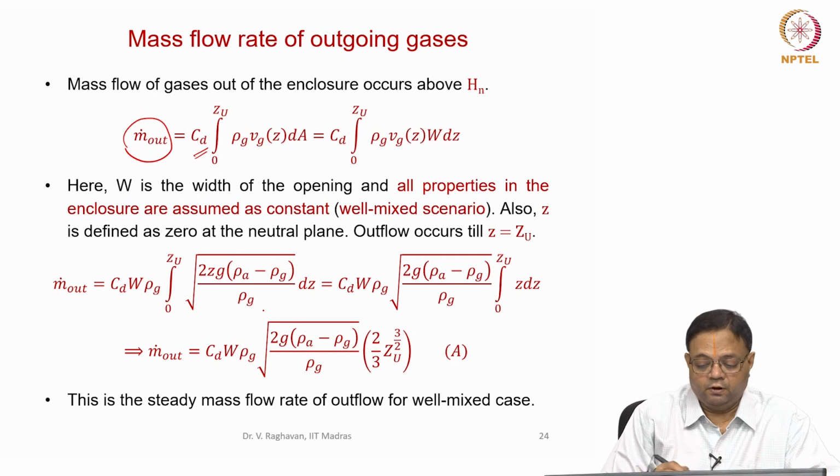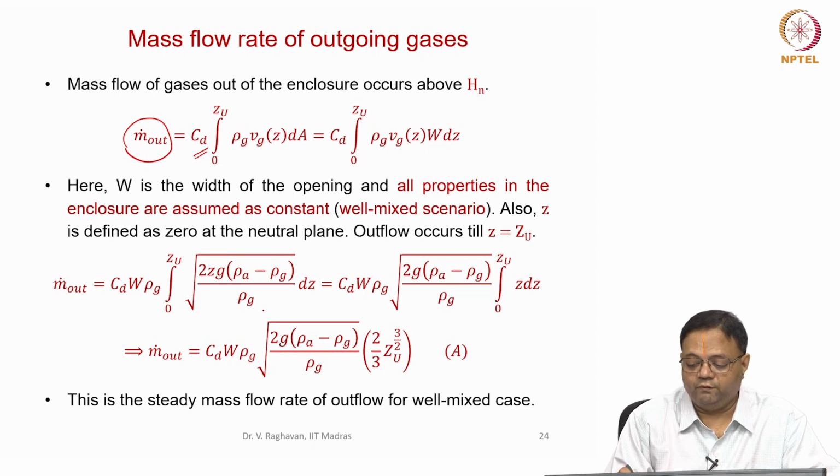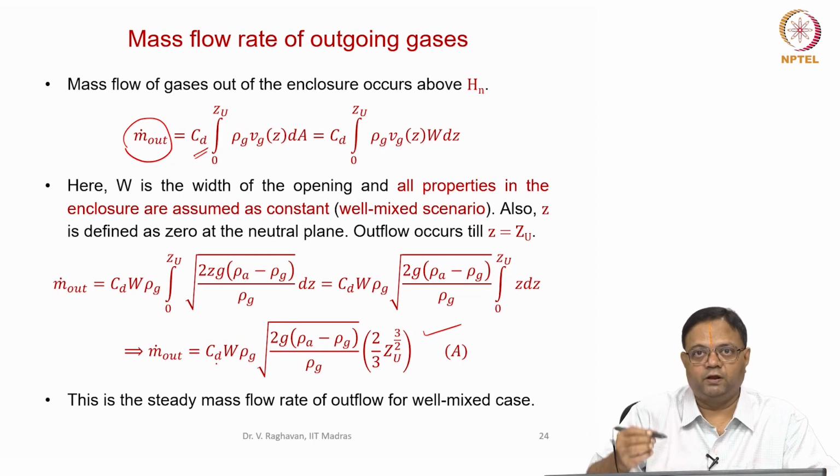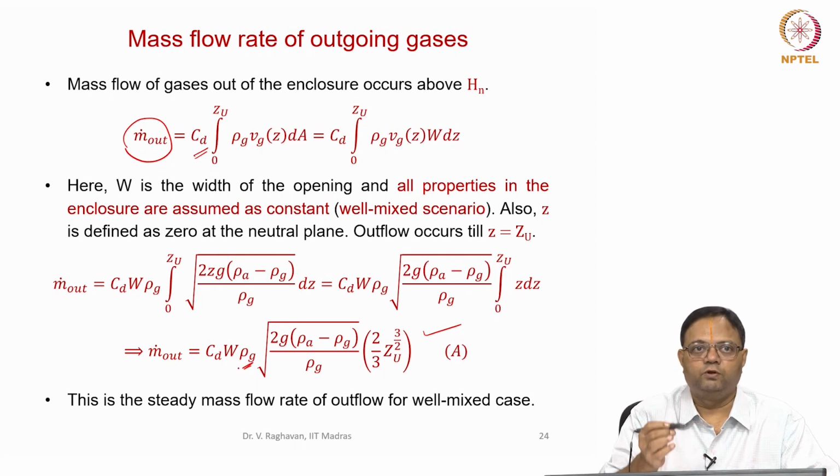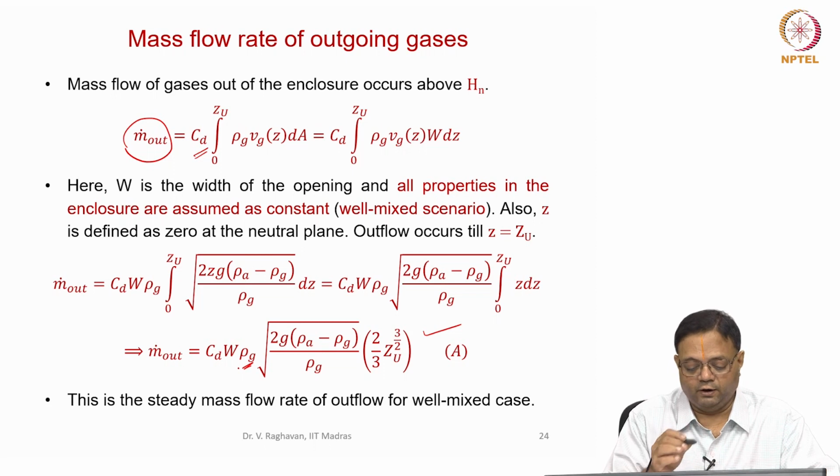Similarly, by substituting the values of the Vg expression, we get this expression for the mass going out, which is CD W, where the height of the opening vent is h0 and the width is W. Rho g is the density of the gases, which we have assumed to be uniformly distributed over the enclosure, and the temperature of the enclosure is Tg.